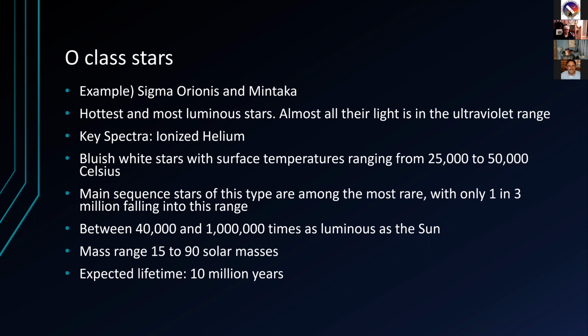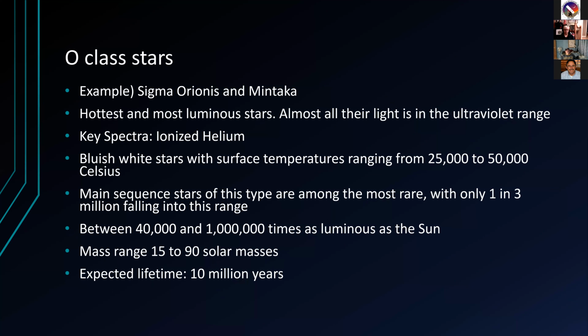So even though there are several O-class stars very close to us, like within the Orion Nebula, because all their energy is coming out in the ultraviolet range, they're not nearly as bright to our eyes or through normal optical instruments compared to other stars, such as supergiants, giants, and hypergiants.